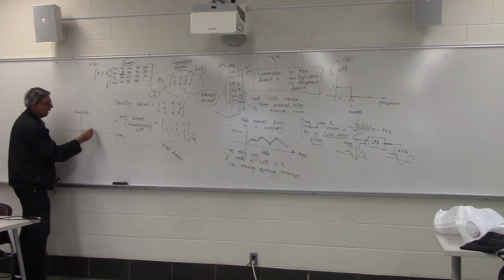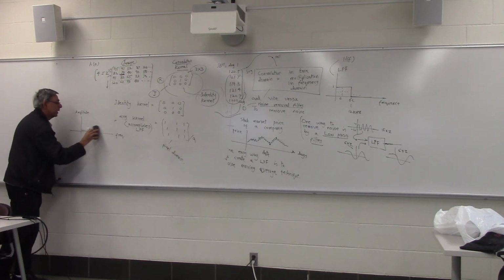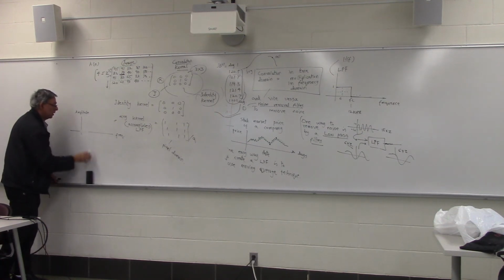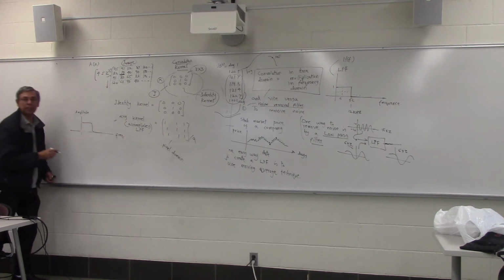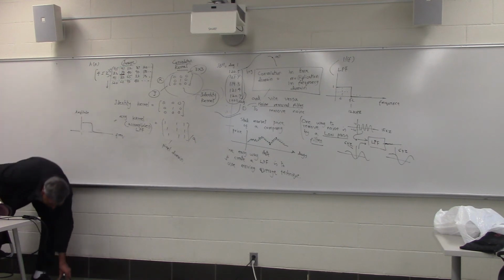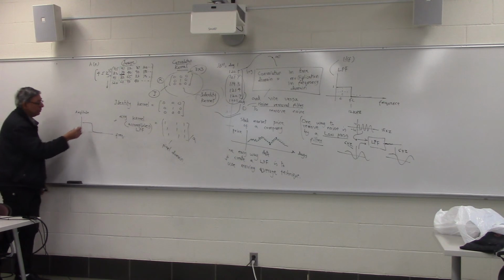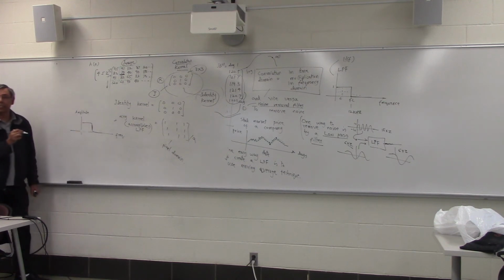Will it look like this? No. Will it look like this? Yeah, it's a low pass filter, right? So obviously it will look like that. How good a low pass filter it is depends on how sharp this edge is.